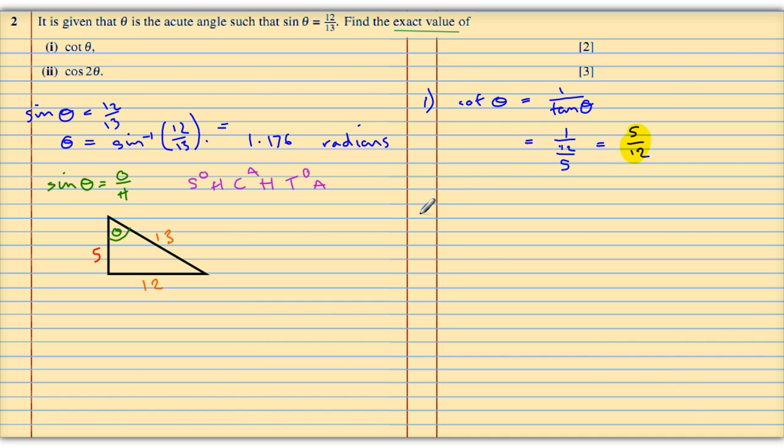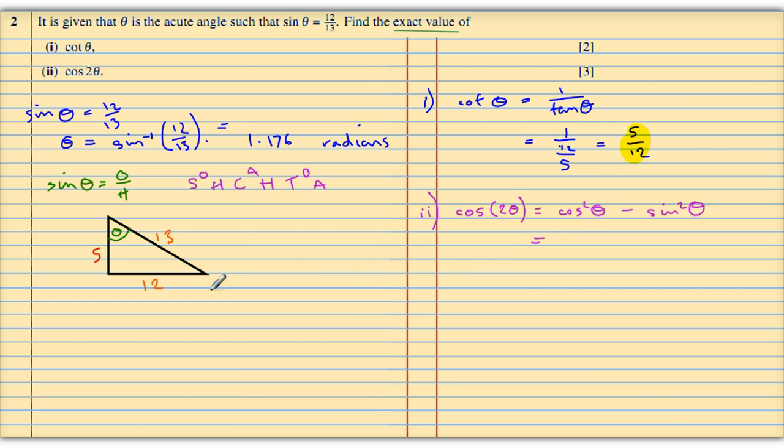Second, part 2. Okay, cos of 2 theta. Thinking about this question, we don't actually have any information about 2 theta. We've only got information about theta, but we can change cos 2 theta using the double angle formula. So we can change this to, I think it is, cos squared theta minus sine squared theta.